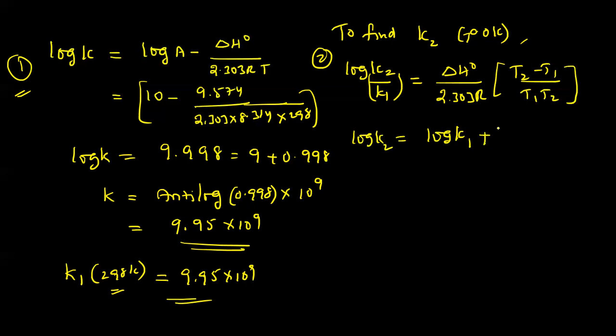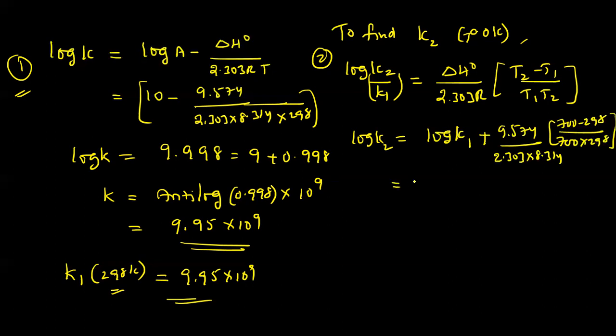They are log of delta H0, which we have got as 9.574 by 2.303 into 8.314, into the difference between the temperatures, 700 minus 298, by 700 into 298, right?